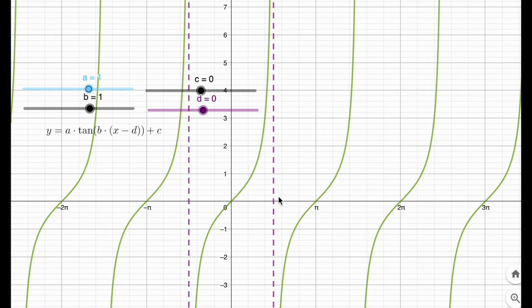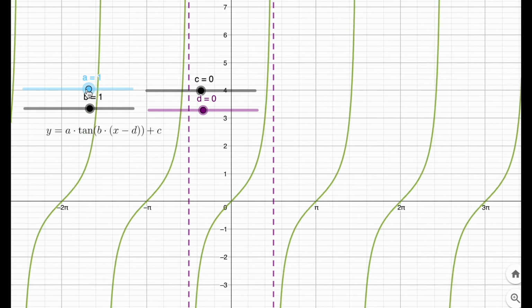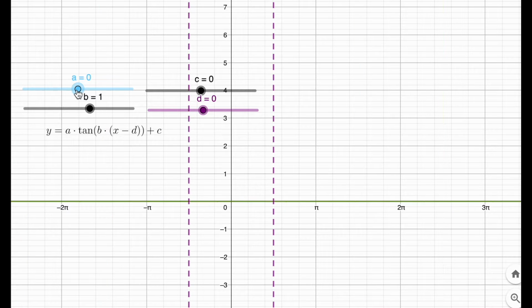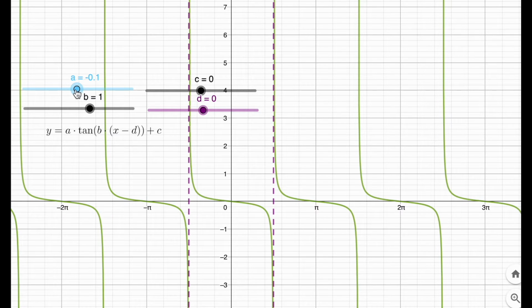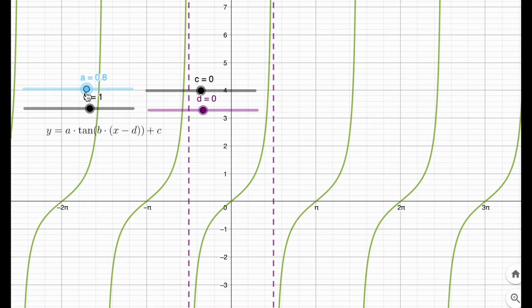Of the tangent curve, you'll notice that the amplitude really doesn't change it. It just gets a little steeper. It doesn't really move it. If it gets less than 1, it makes it more like a corner until it flips over to the other side and then moves away. So they're kind of the same kind of curve all the time. It's just how much in the corner it goes.